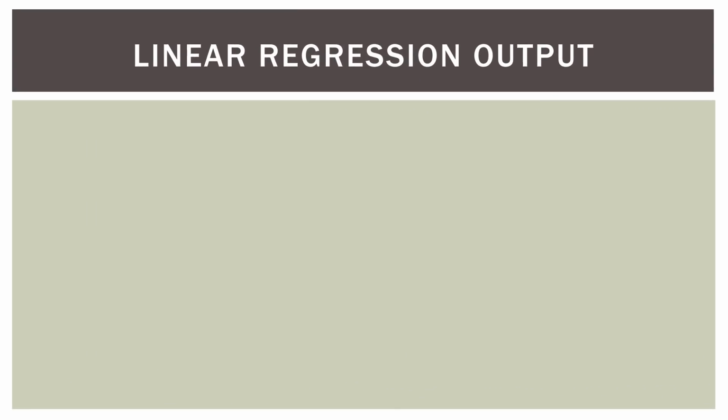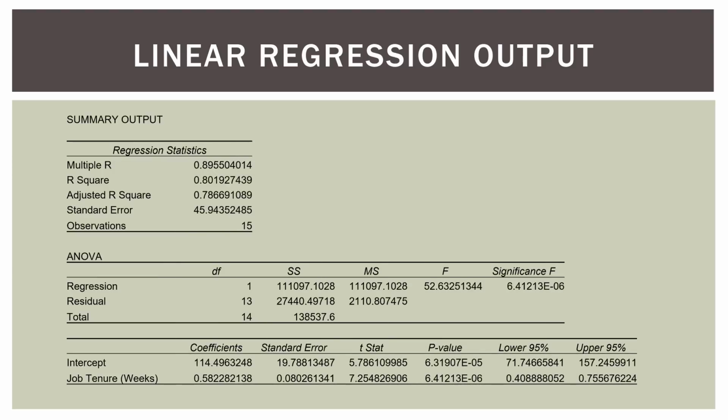So what about our linear regression output? We ran this through Excel or something else and we get some regression output. A couple of things. Our multiple R there is 0.8955, that's very high. Our R square is 0.8019. So this model explains about 80% of the variance in the dependent variable.